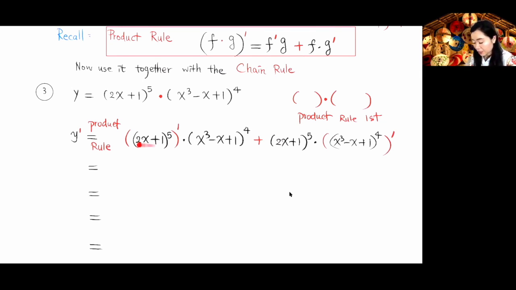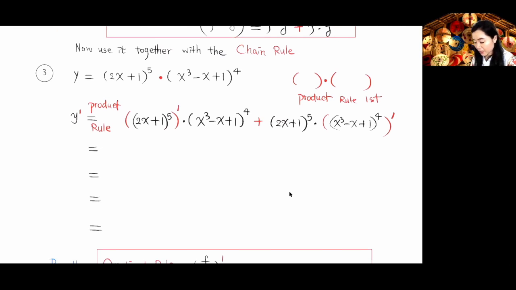Now, when we differentiate this, what kind of rule do I need to use over here? Think about this 2x plus 1 as the inner function. Then u to the 5th power is the outer function. So we're going to use the chain rule to differentiate this function over here.